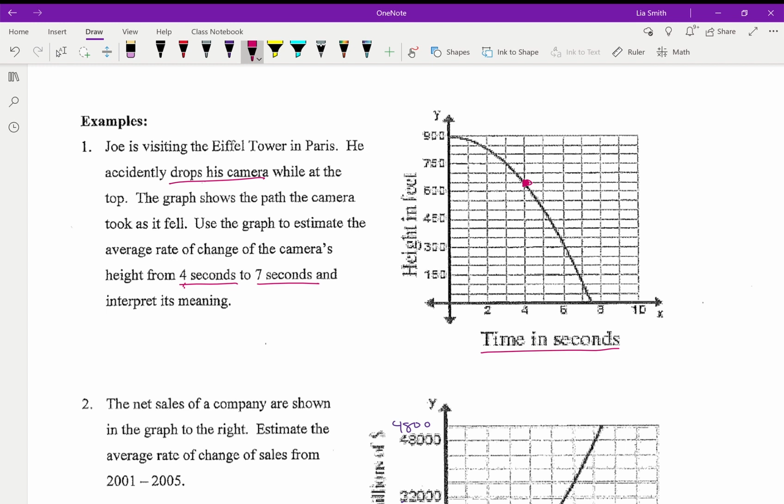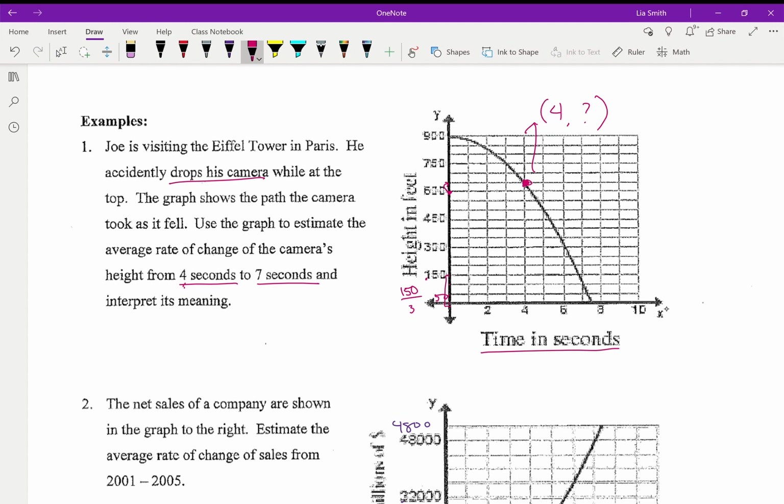So when we're doing that, we know that our x value is going to be 4. But how do we figure out our y value? So if we come over here, we know that this one's 600 and it's 1 above 600. So what we need to do is go down here and we say, okay, so here's 3 points to get to 150. So 150 divided by 3 tells me that one section is worth 50 feet.